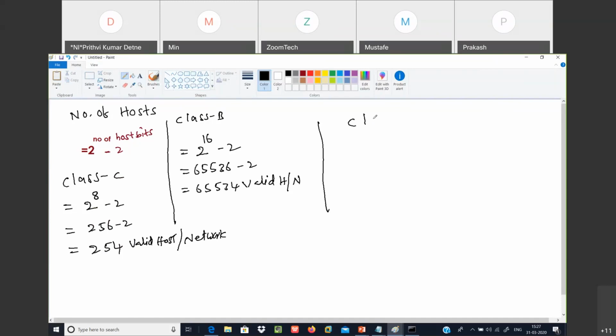For class A, 2 power 24 base minus 2. 16,777,216 minus 2 is a very large number of hosts. Valid hosts for each network.